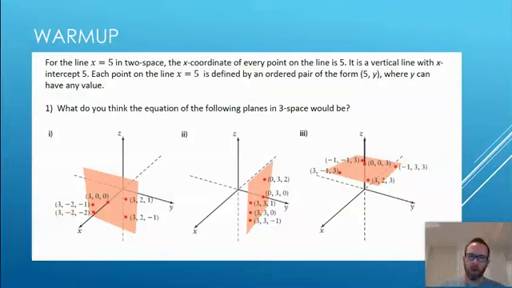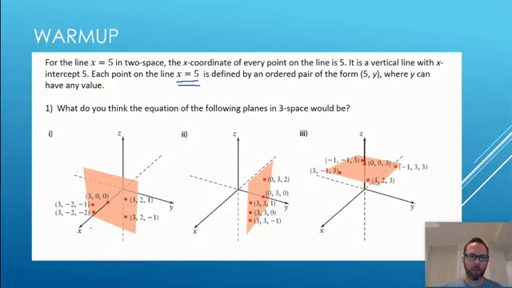If you look at those 3 planes I've given you, and you use this initial discussion we've had about x equals 5, giving you points where the x value is 5, can you figure out what the equation of these 3 planes in R3 would look like? If you want to pause it and think about that for a second, and unpause when you're ready, you're just figuring out a rule that all the points in those planes obey. I'm going to take them up right now.